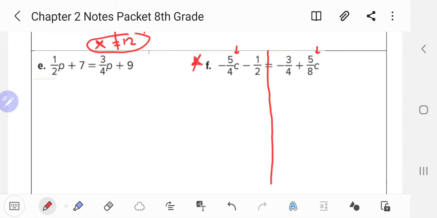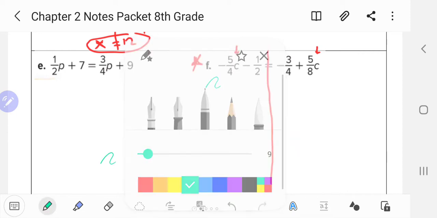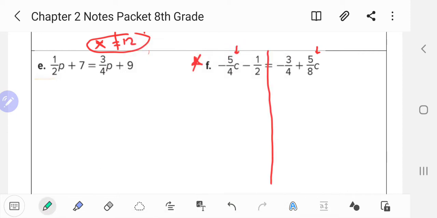All right. If I take the time to just outline my terms, I got a negative 5/4 C, and I have a minus 1/2. Over on the right side of the equation, I have a negative 3/4 and a plus 5/8 C.